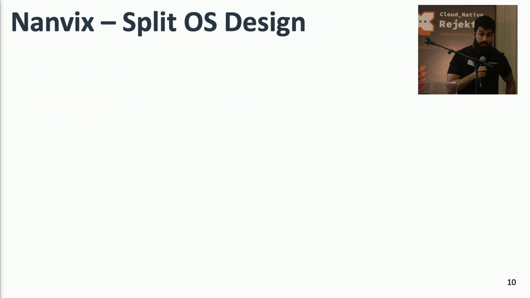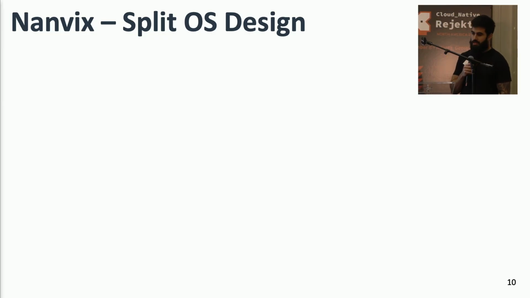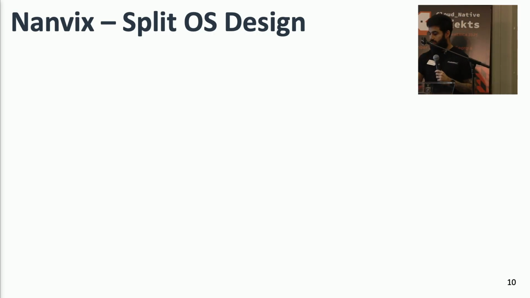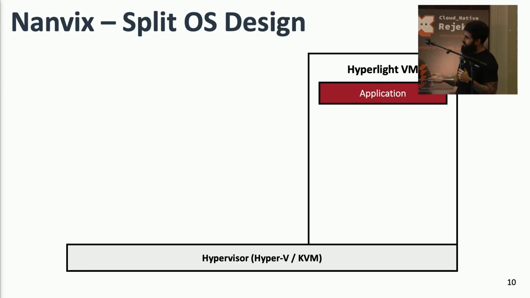Okay, so how do we enable this compatibility while still having the huge performance and density that Hyperlight can give us? From the architectural perspective, here you have your Hyperlight VM application deployed on top of your favorite hypervisor, probably Hyper-V.